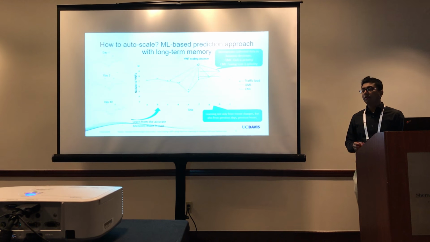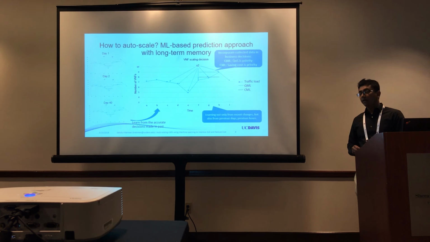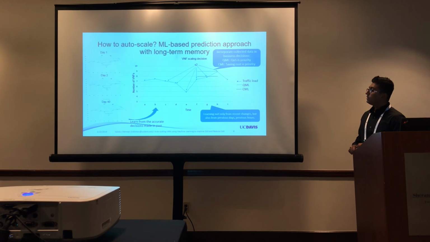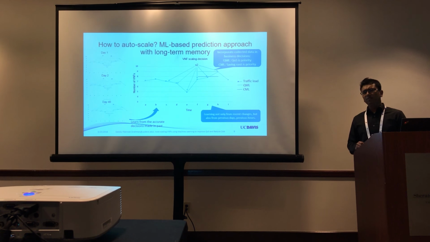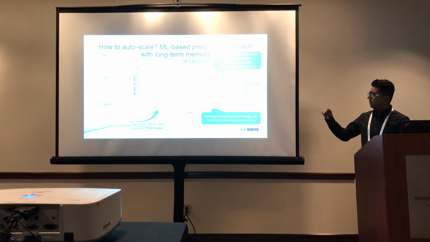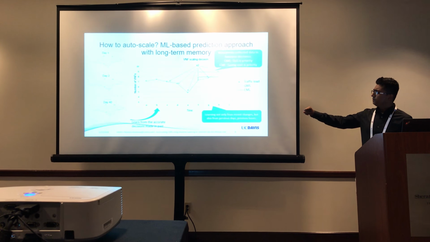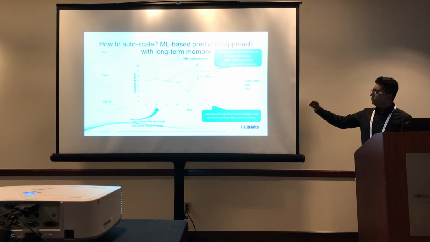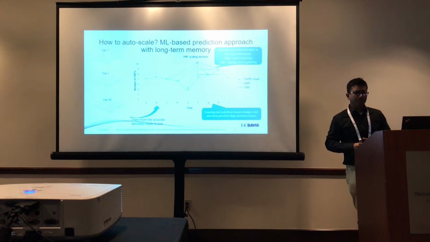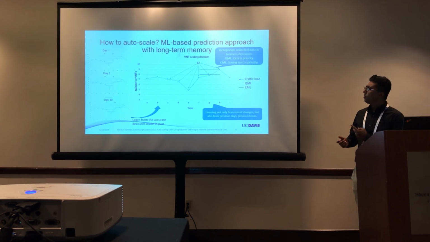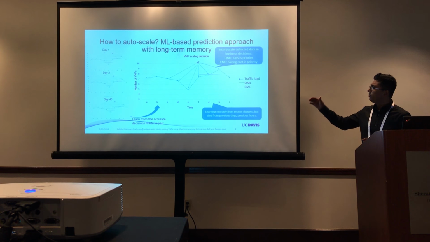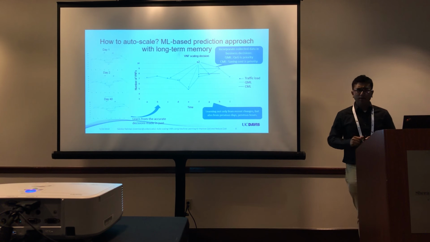Not all applications treat QoS as a priority; for some, the customer can say the QoS is not that important, so let's go with the minimal resources that serve, and I'll work around the burst traffic. So we propose two methods: QML, where QoS is the priority, and CML, where cost is the priority.